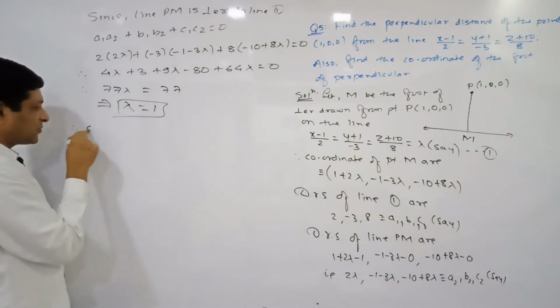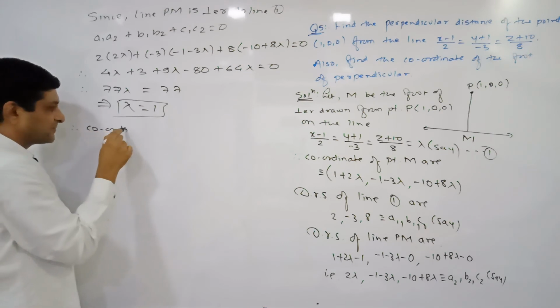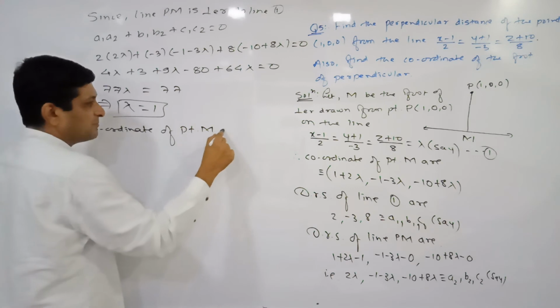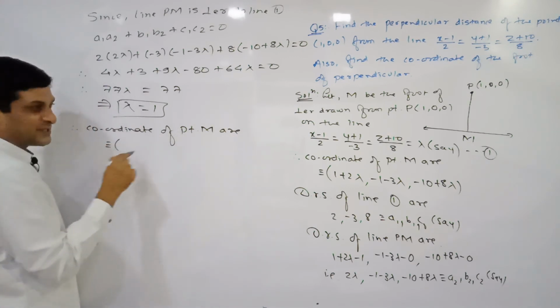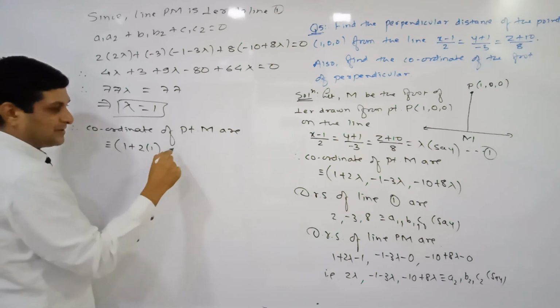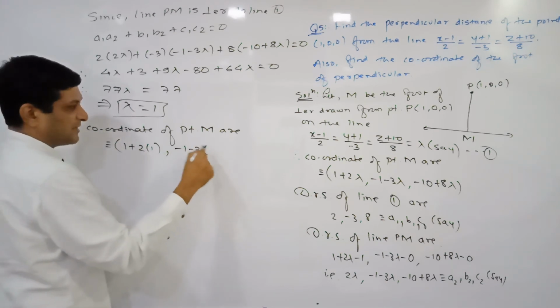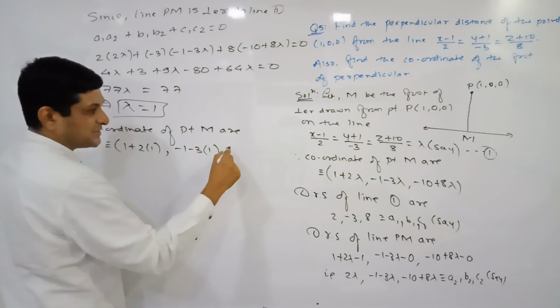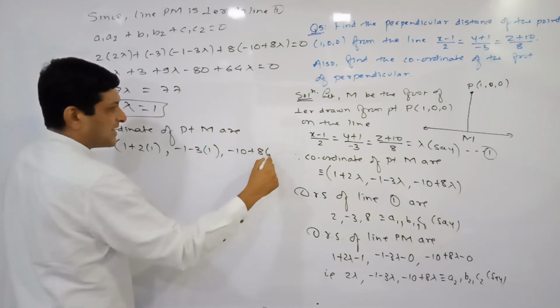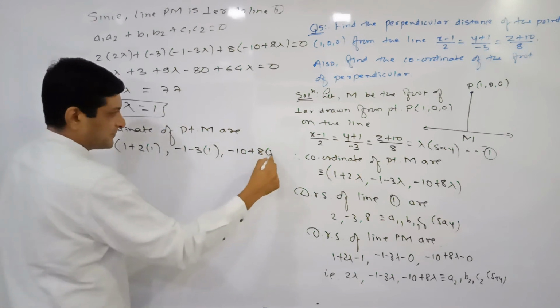So therefore coordinate of point M. So what is the x coordinate? 1 plus 2 lambda, but lambda is here 1, minus 1 minus 3 lambda, but lambda is 1, and lastly minus 10 plus 8 lambda. So replace lambda by what? 1.